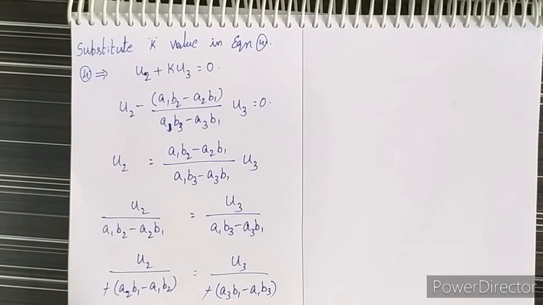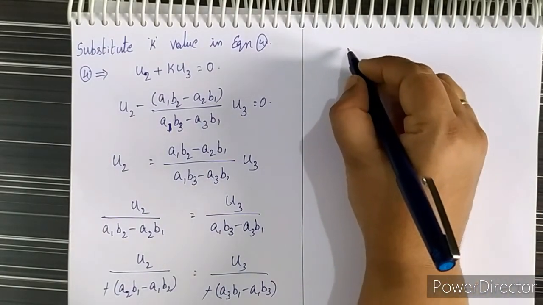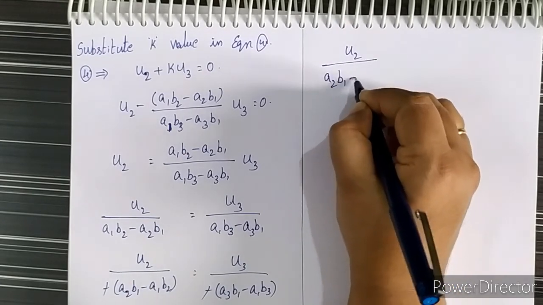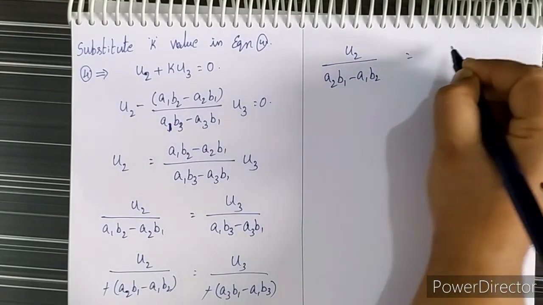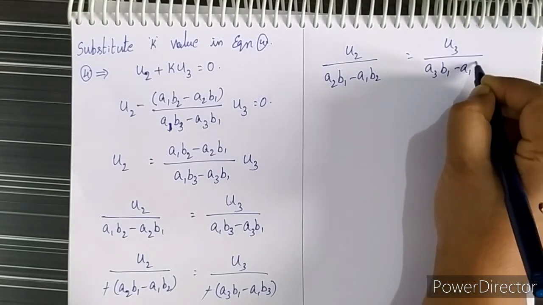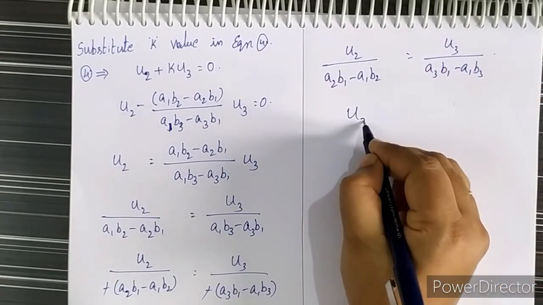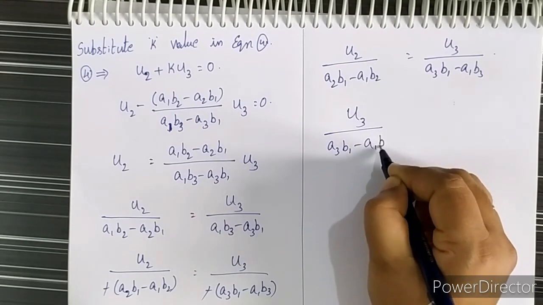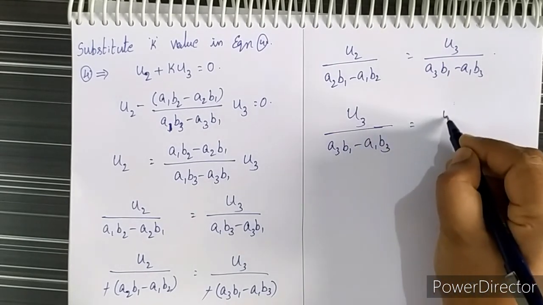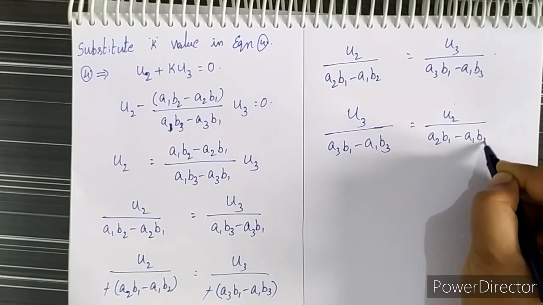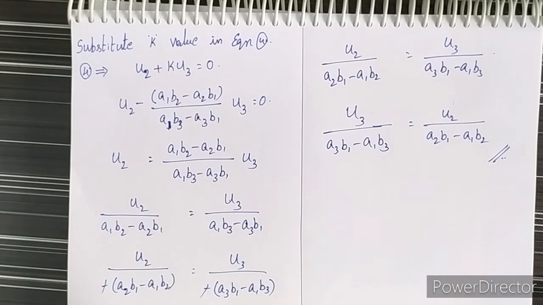Here minus minus get cancelled. Then u2 by (a2 b1 minus a1 b2) is equal to u3 by (a3 b1 minus a1 b3). Then interchanging, u3 by (a3 b1 minus a1 b3) is equal to u2 by (a2 b1 minus a1 b2). This is the solution of the required problem.